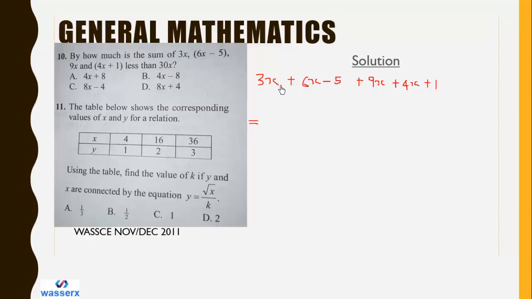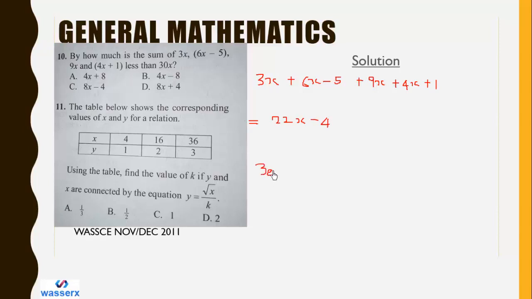Now let's simplify this. So 3x plus 6x plus 9x plus 4x will give us 22x. Then minus 5 plus 1 will give us negative 4. So now we take this from 30x.